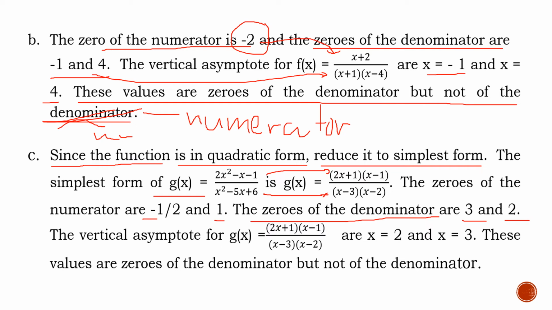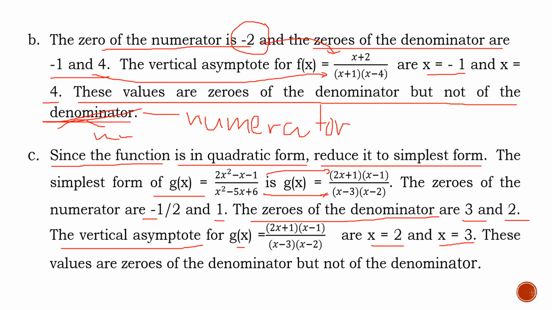If we compare the zeros of your numerator and denominator, it's negative 1/2 and 1, and 3 and 2 for your denominator. So they are not the same. Therefore, the vertical asymptotes for g of x are x is equal to 2 and x is equal to 3.